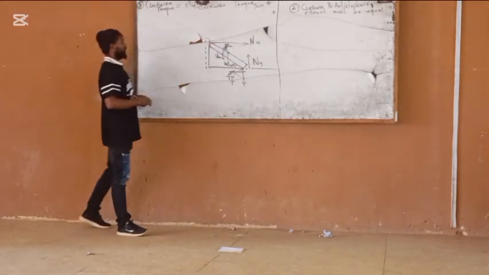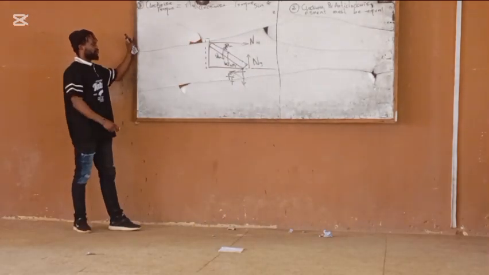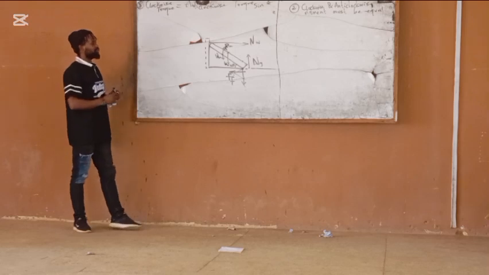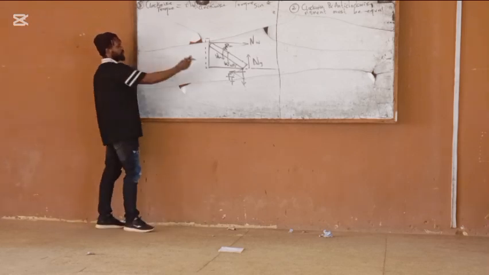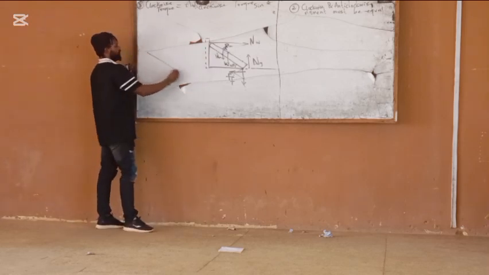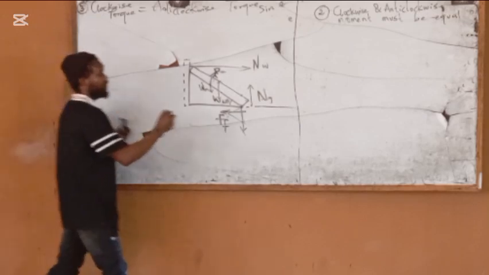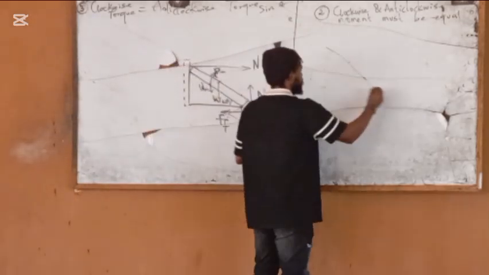Alright, now see, if I know this, now let me find the top. Trying to find the top here, I want to redraw so that I can do it. Okay.